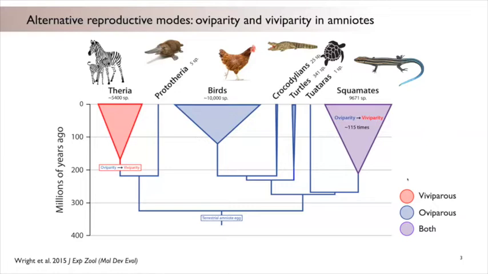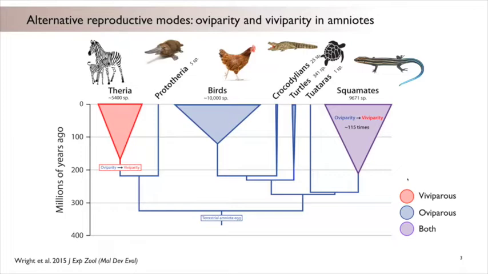Oviparous, of course, is egg laying, and so there's a period of external incubation within an egg. This phylogenetic tree just shows that when we think of live birth, we always think of mammals and ourselves. But in fact, the origin most abundantly of viviparity has happened in squamates.